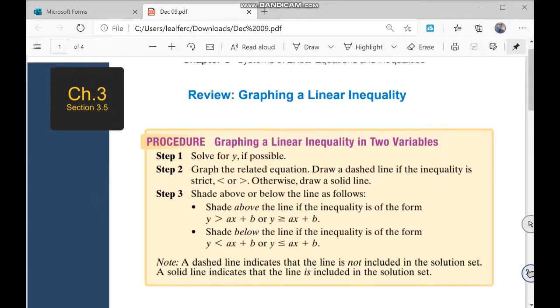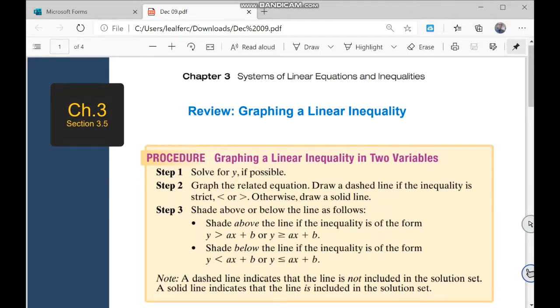In the last 3-4 days, we've been working on graphing linear inequalities, and we used this procedure here every day to solve and graph linear inequalities. Step number 1 is solve for y. Step number 2, graph the related equation, and step number 3, you will shade above the line or below, depending on the inequality.